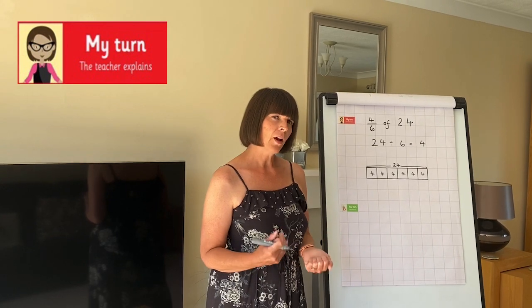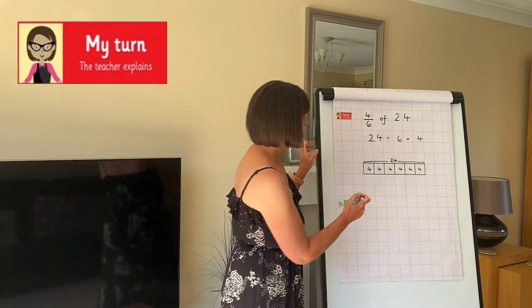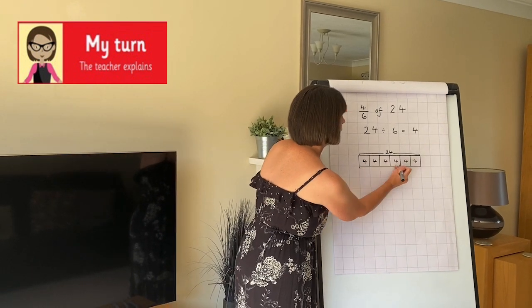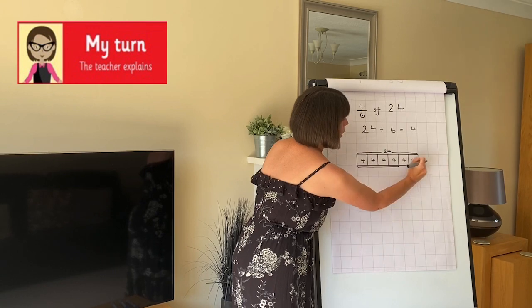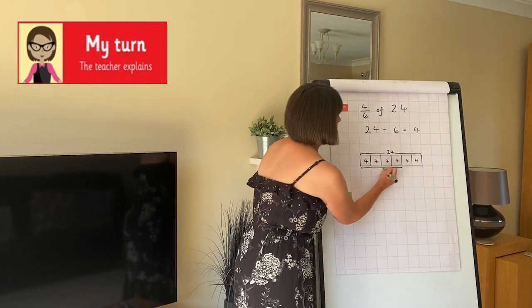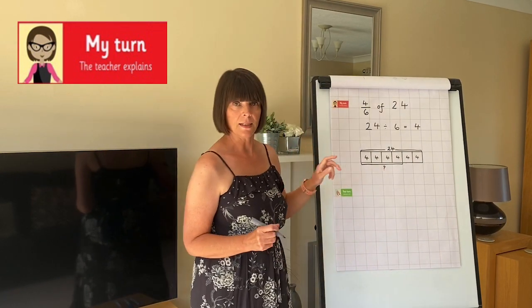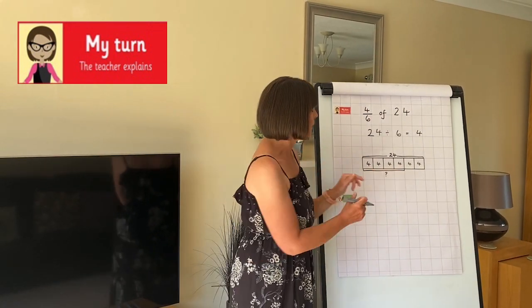I don't just want to find 1/6 though, do I? I need to find 4/6. So what I now need to do is I need to find 4 parts of my whole bar, 4/6. So that's the bit I need to find out because my numerator tells me that we've got to find 4 parts.